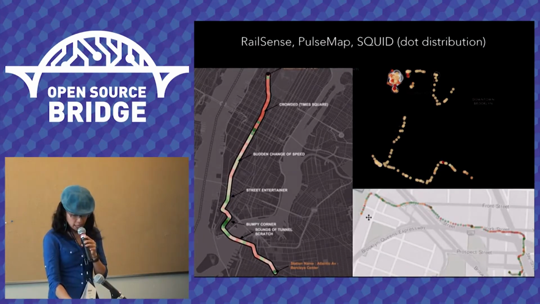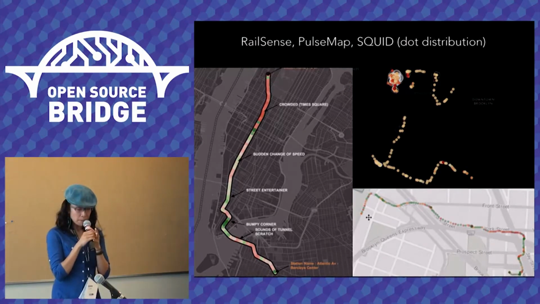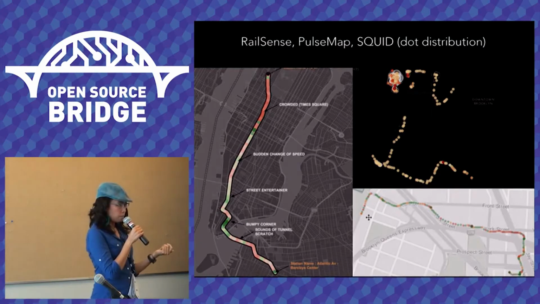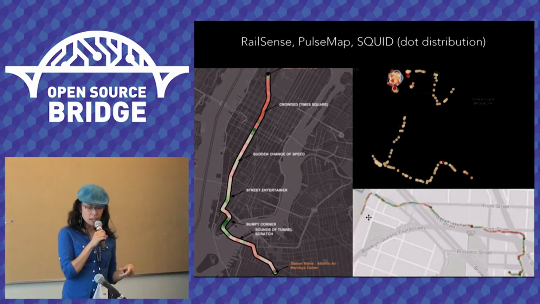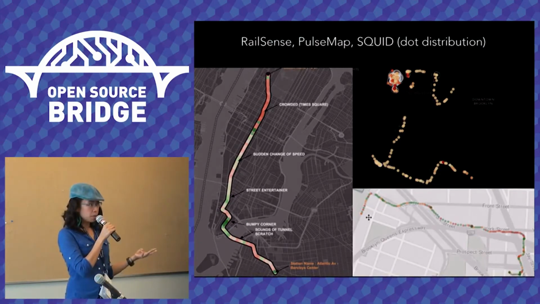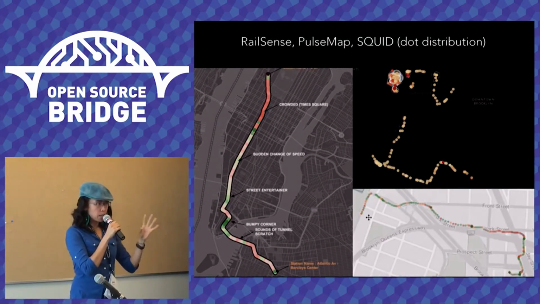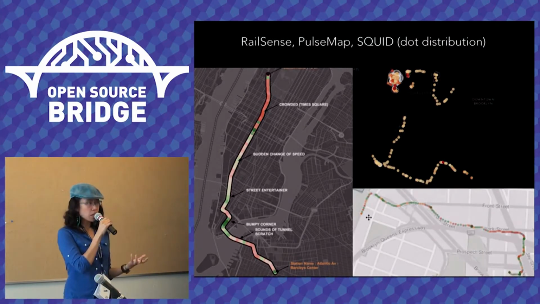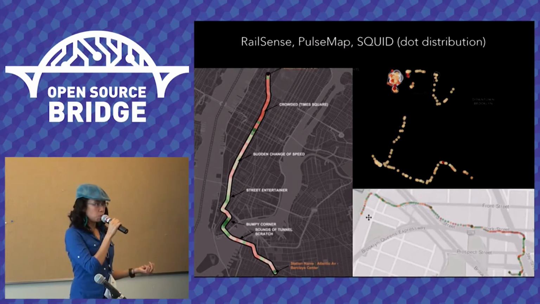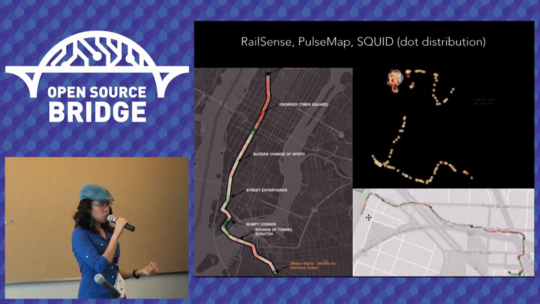On the right is a pulse map. Basically, the instrument was tracking pulse, and three students walked around Brooklyn and Manhattan looking for patterns between individual pulse and environmental change.